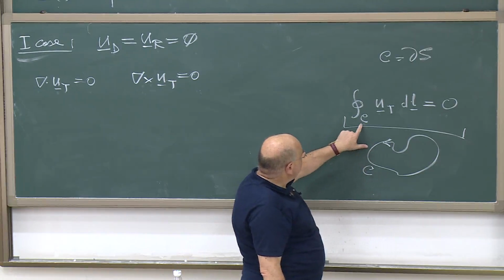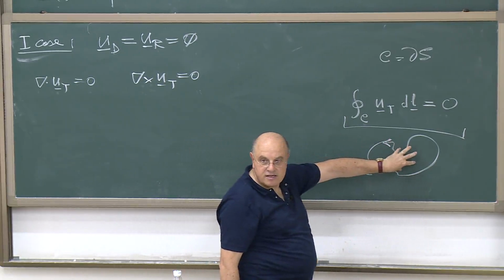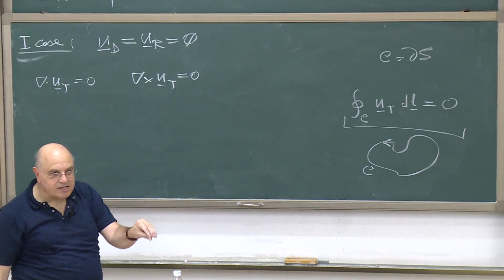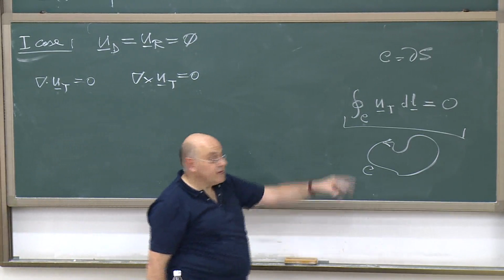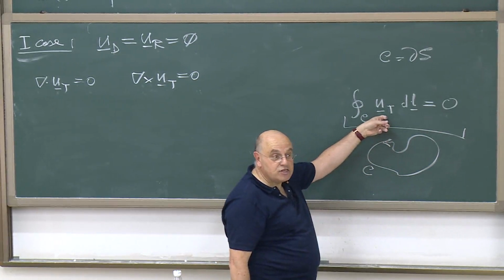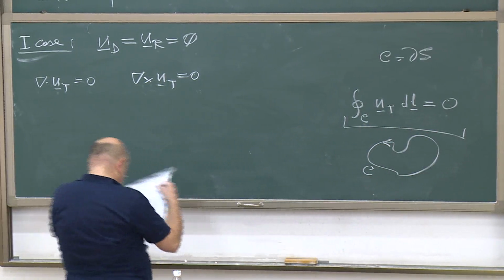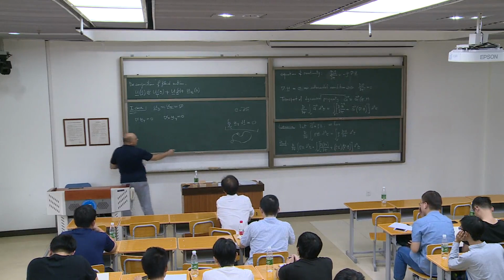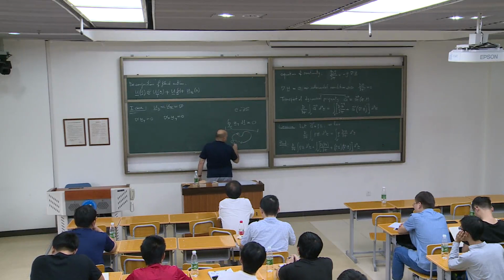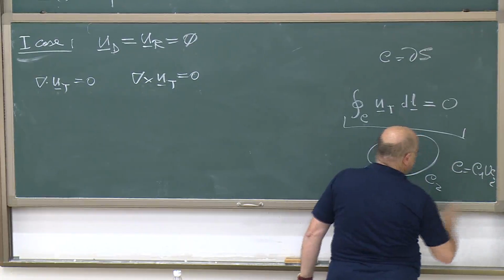One is to have C shrinking to a point, continuously. No obstacle. You can continuously shrink it to 0. The other is to prove that you can continuously shrink it to 0 by working out ut in dl. So you can subdivide this circuit into a C1 and a C2, C being C1 union C2.